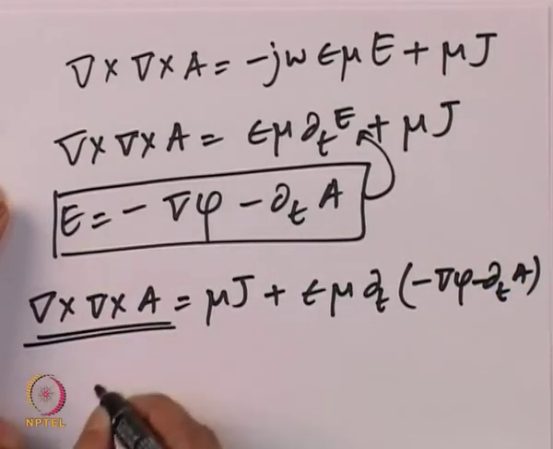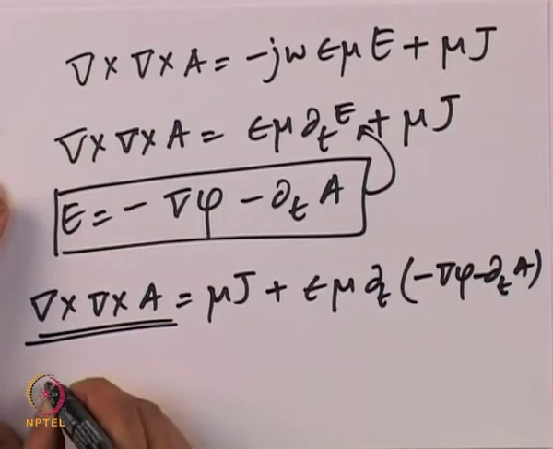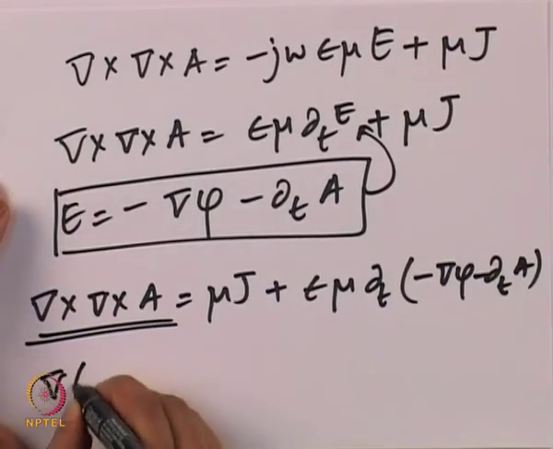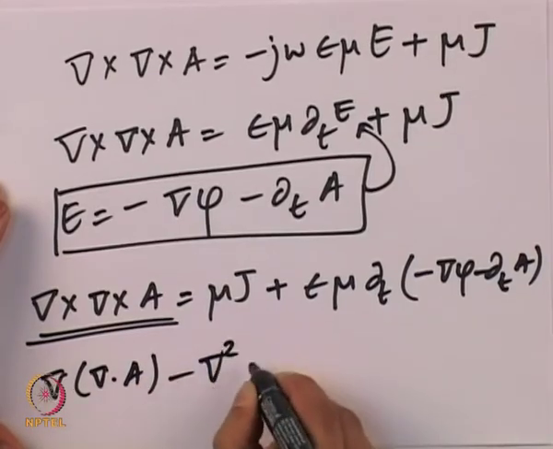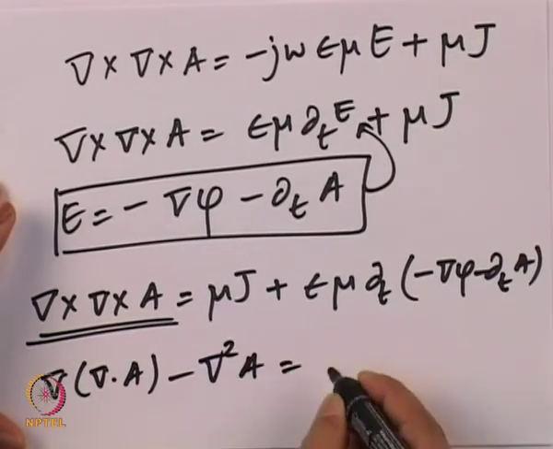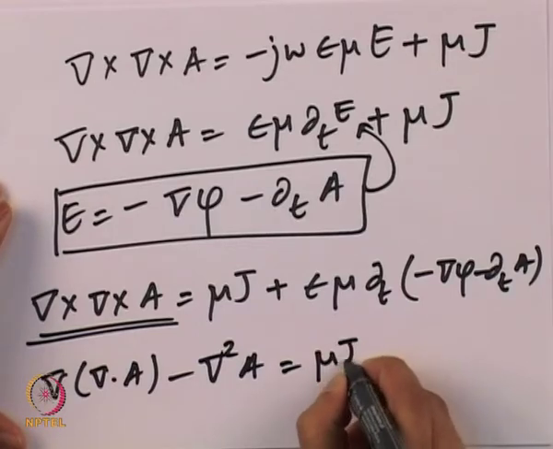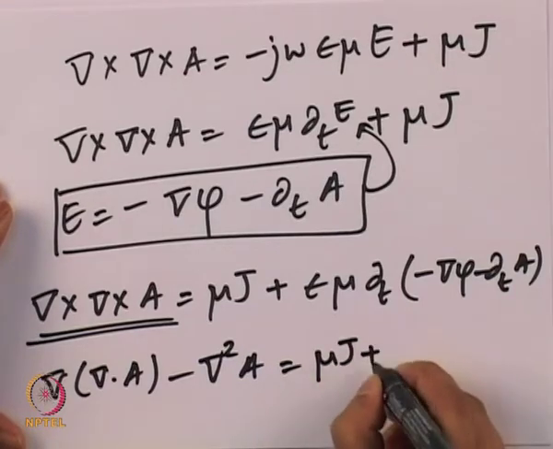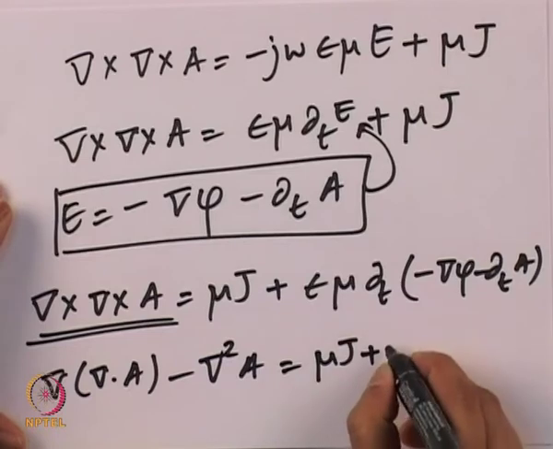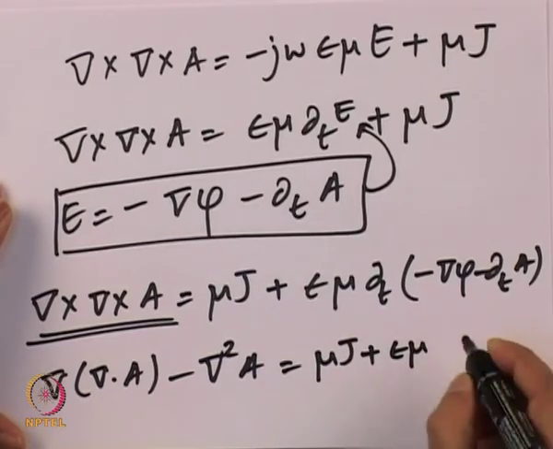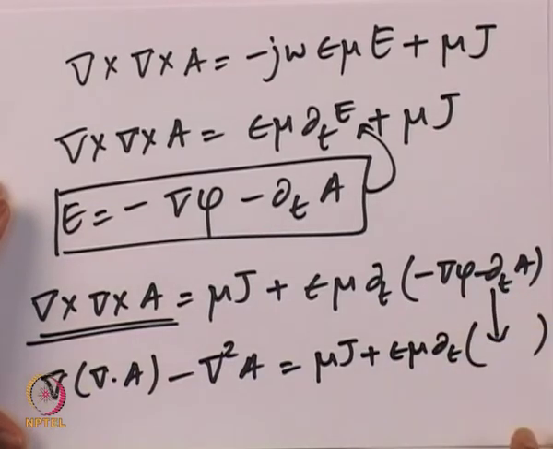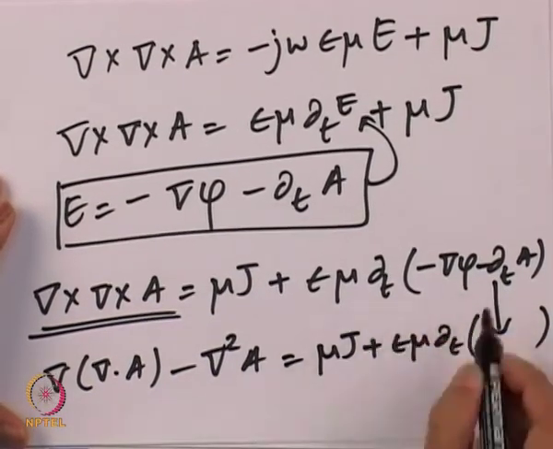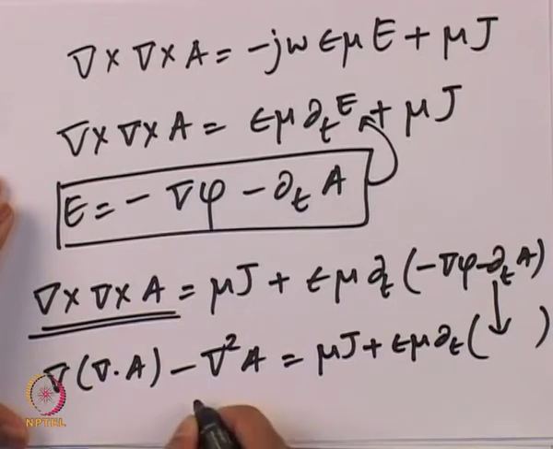This left hand side has a vector identity, which is nothing but the gradient of the divergence of A minus the Laplacian of A, is equal to mu j plus epsilon mu dt of this particular variable here. So I can expand this inside term as follows.